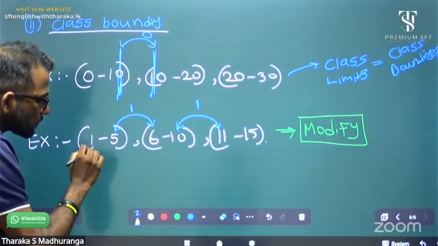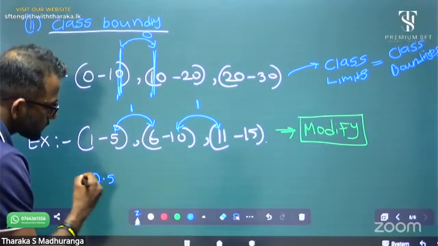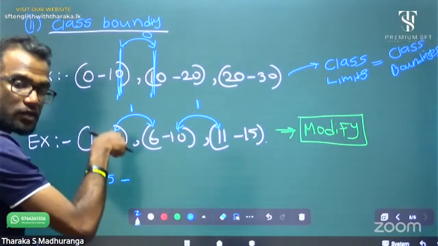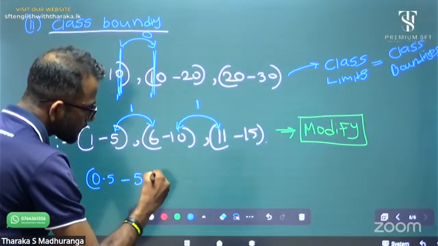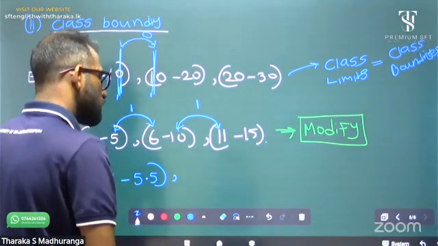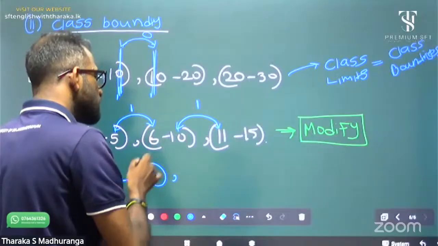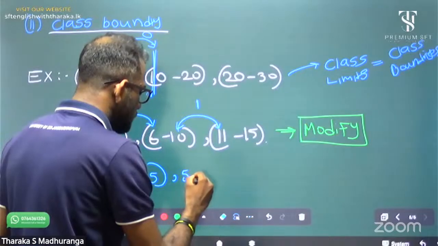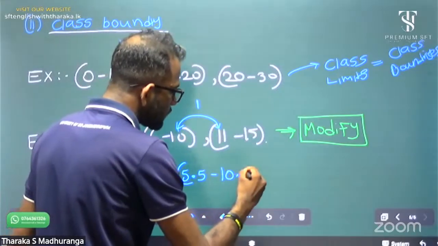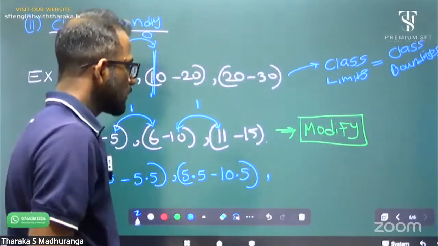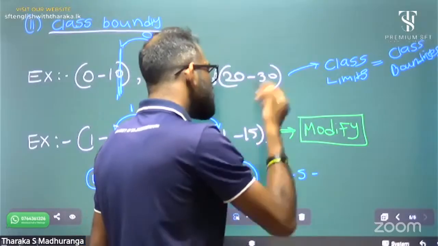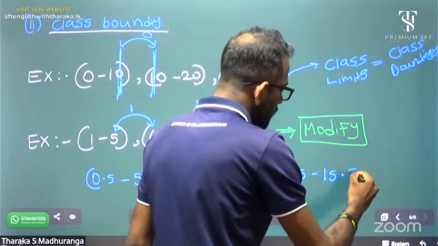1 minus 0.5 is 0.5. Add 0.5 to the upper class limit: 5 plus 0.5 is 5.5. Next, 6 minus 0.5 is 5.5, and adding 0.5 to the upper class limit gives 10.5. Then 10.5, and adding 0.5 to the upper class limit 15 gives 15.5.